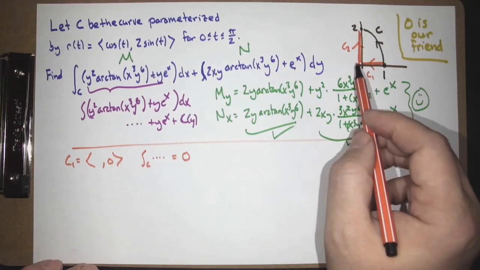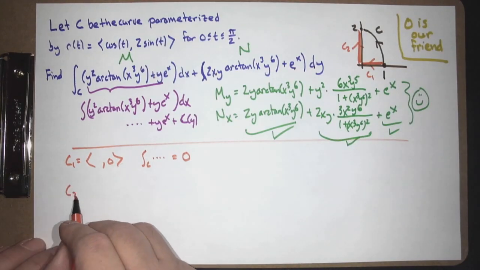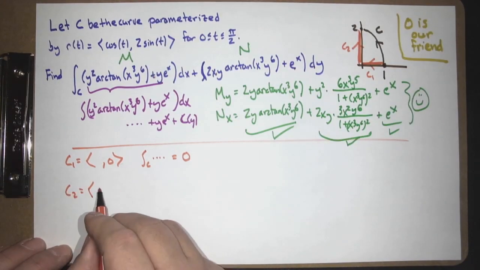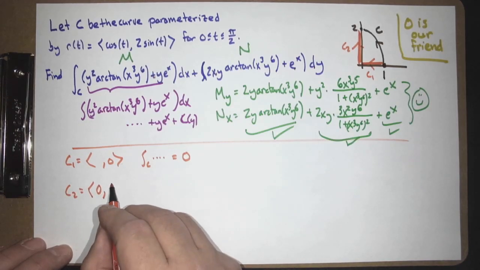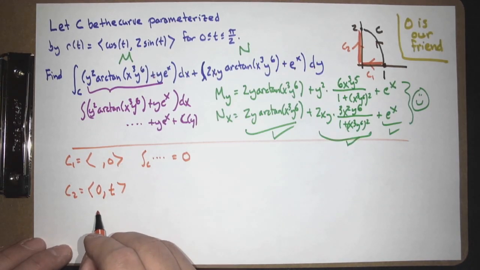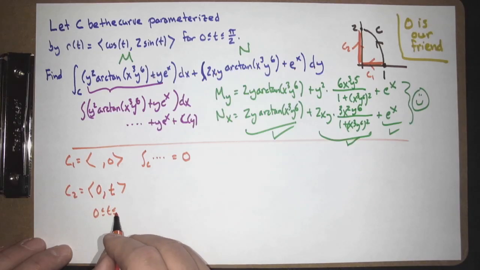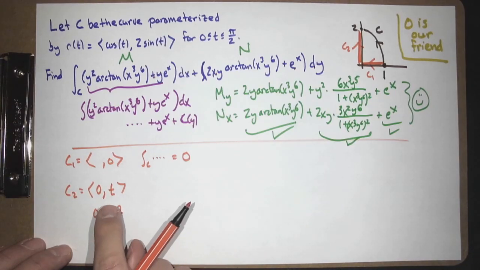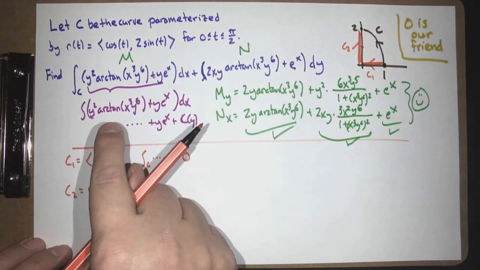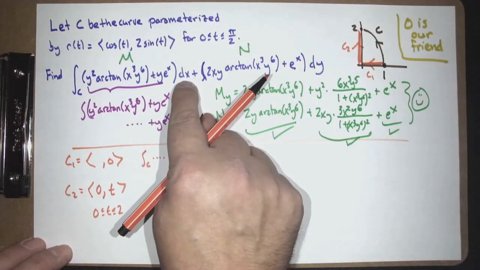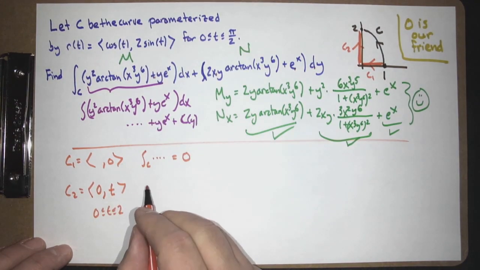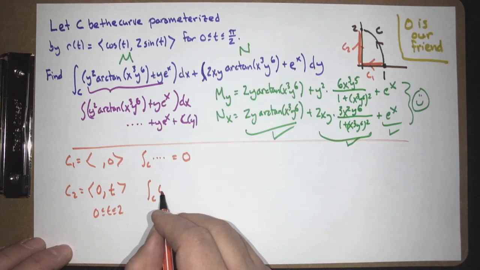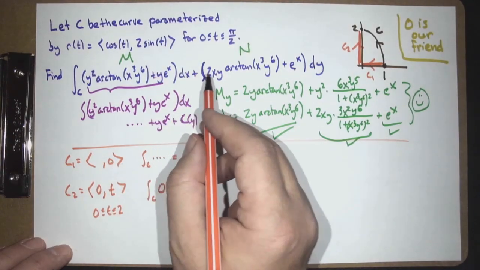Okay, now let's talk about this curve, C2. What does it look like? X is 0. Y looks like t. And here, 0 less than or equal to t less than or equal to 2. So anything with an x is going to become a lot simpler. Notice this dx. What's dx going to be? 0. So the first term completely goes away.